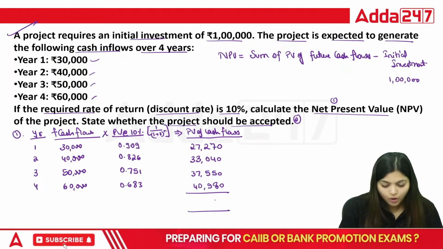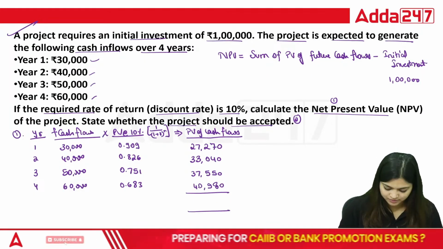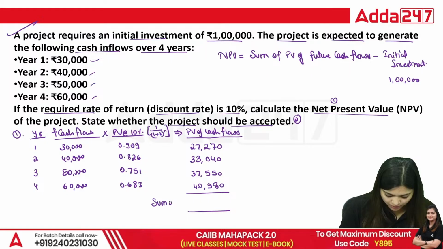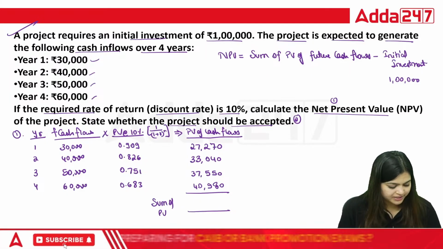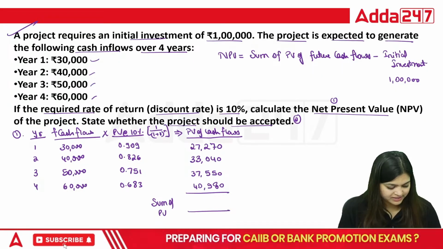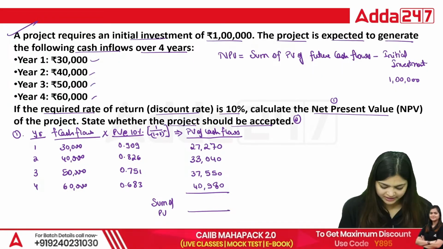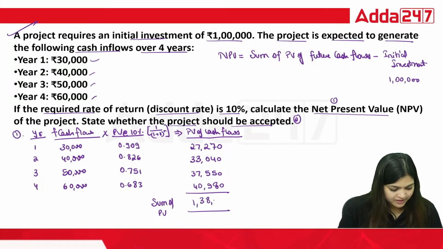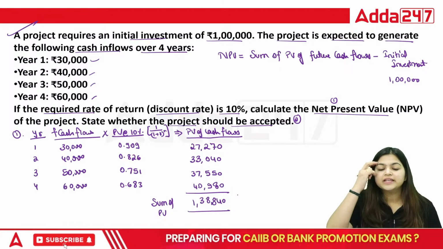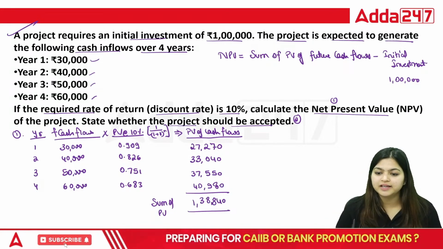And if I add all these present values of cash flows, this will give me the sum of present value: 27,270 plus 33,040 plus 37,550 plus 40,980. So this is going to be 138,840.